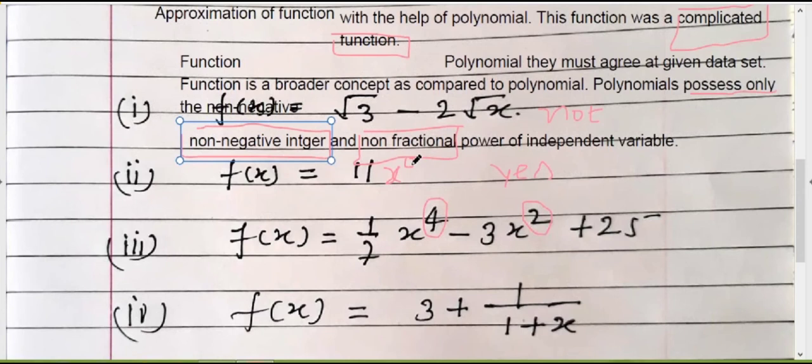So in both cases we have tested; this one is not, because this involves the fractional value, that is half, and from that point of view this is not a polynomial. So this is a polynomial, yes.